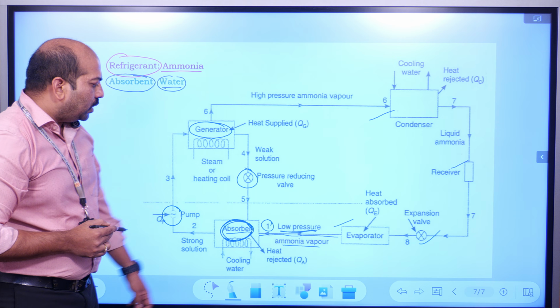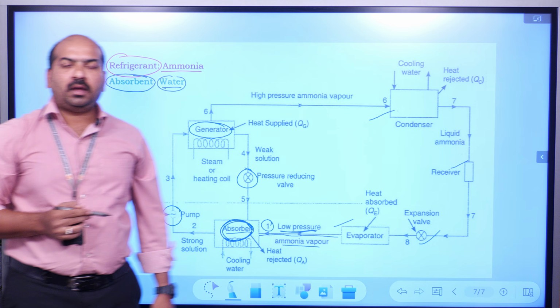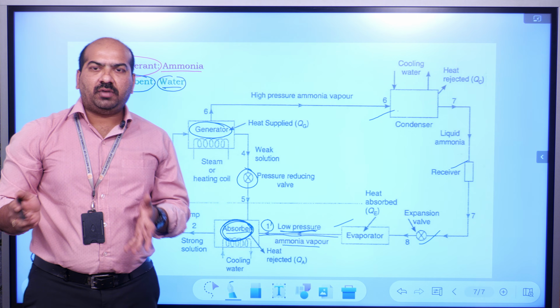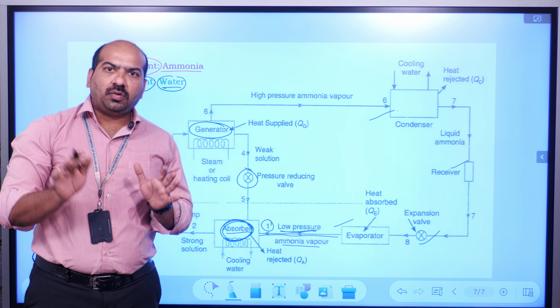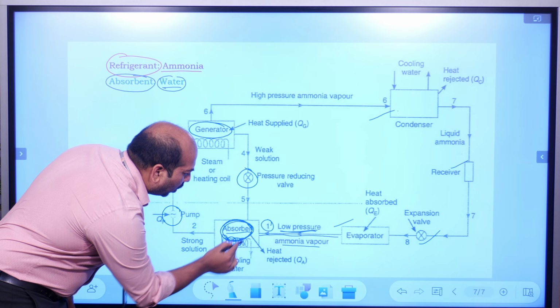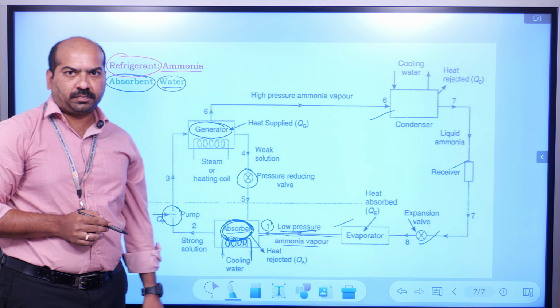But when the temperature rises in the absorber, the absorption capacity of the water is reduced. In order to avoid that, we supply cooling water to the absorber, where the temperature is reduced.